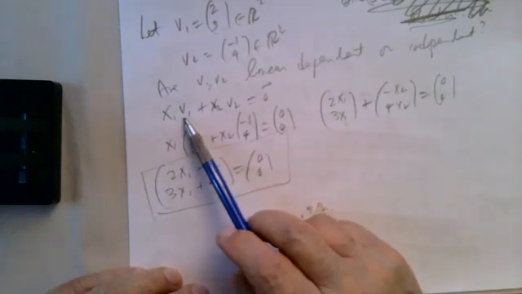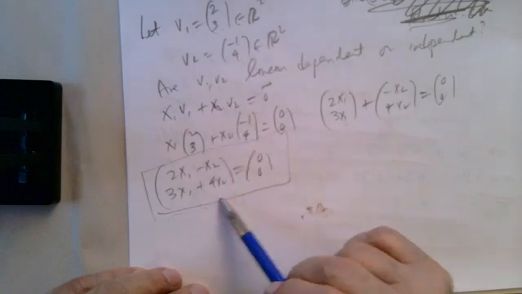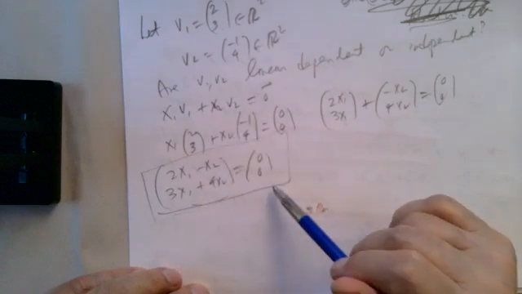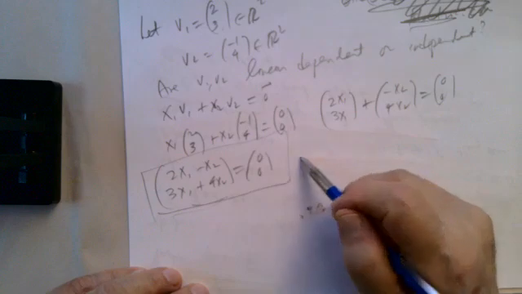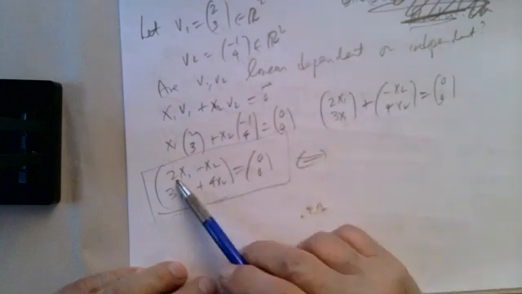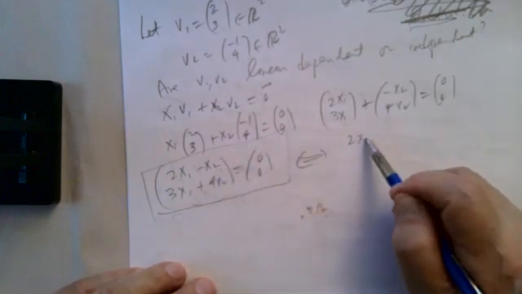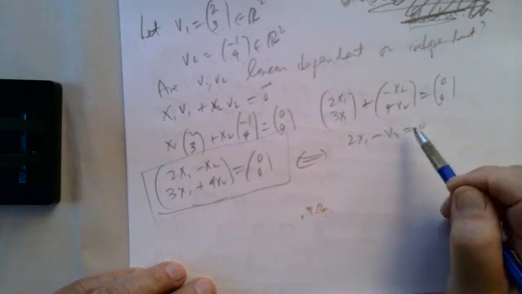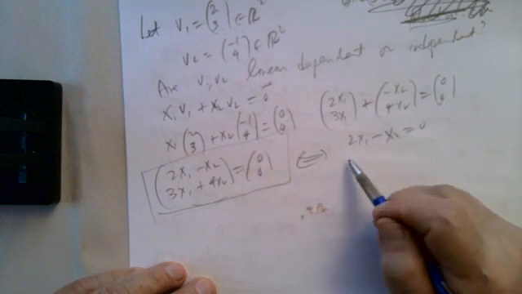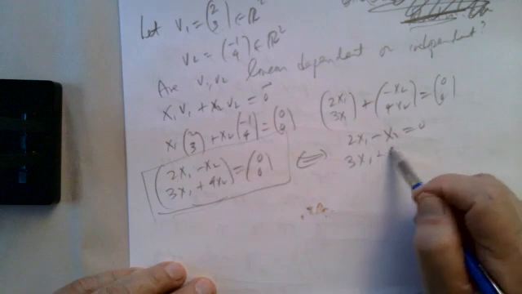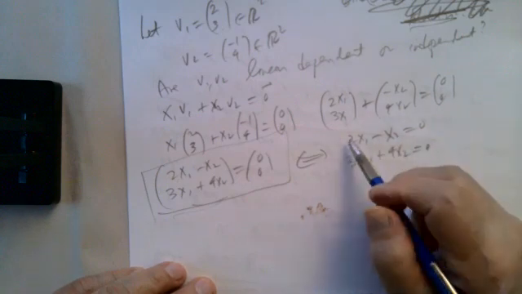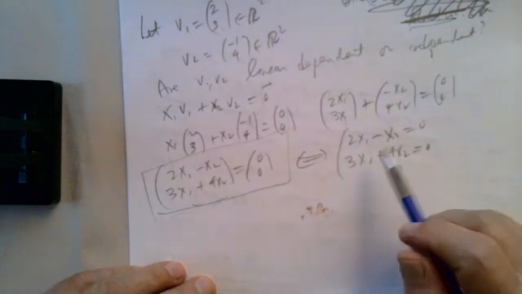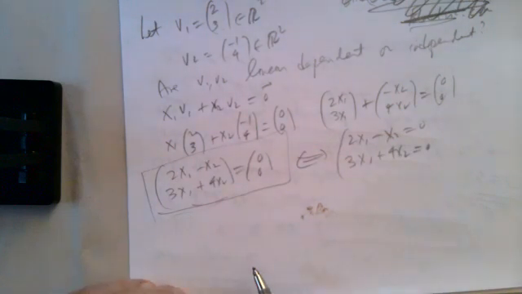Because x1 v1 plus x2 v2 is exactly this vector. And we ask, does it equal 0? Well, that's exactly the same as saying that this first coordinate is 0 and the second coordinate is 0. So what are the solutions of these two equations and two unknowns?